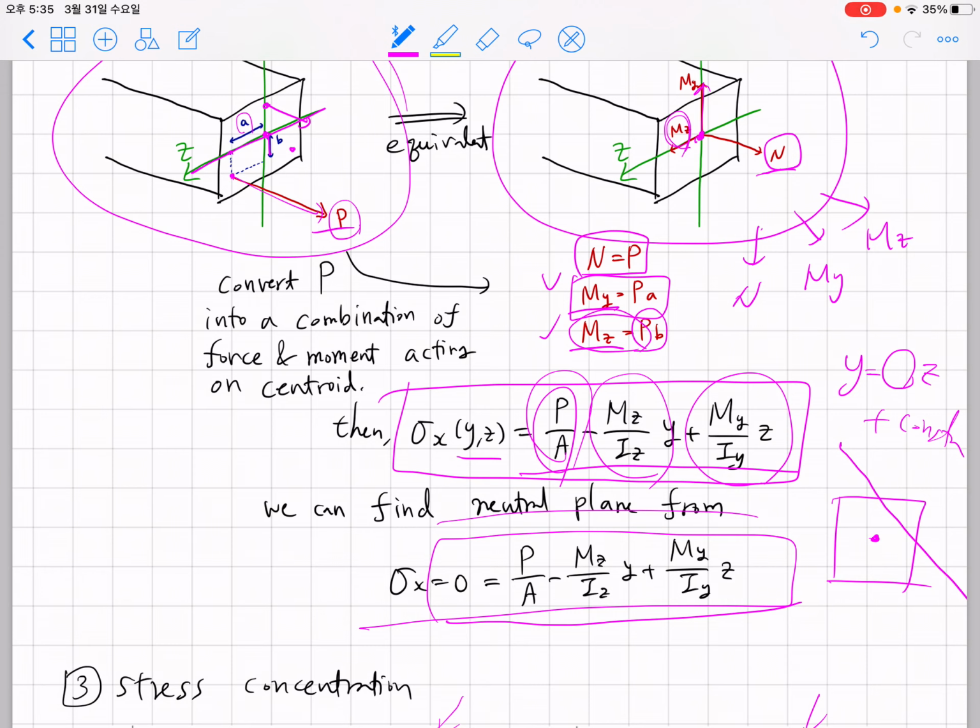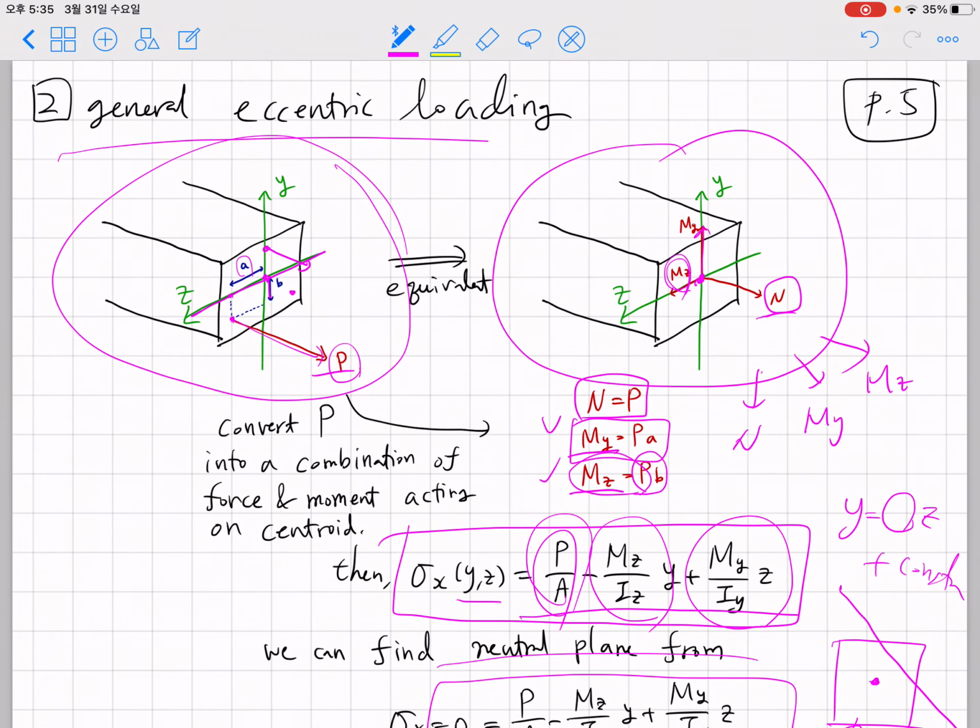Then you'll have an even bigger picture of how the loading and stress distribution become gradually more complex as we go through more and more advanced concepts and chapters. Let me give you additional comments in the summary lectures. And regarding general eccentric loading, this is it. I don't have anything more to say.